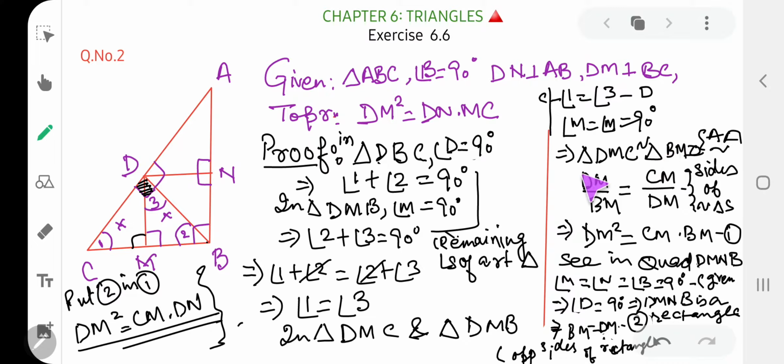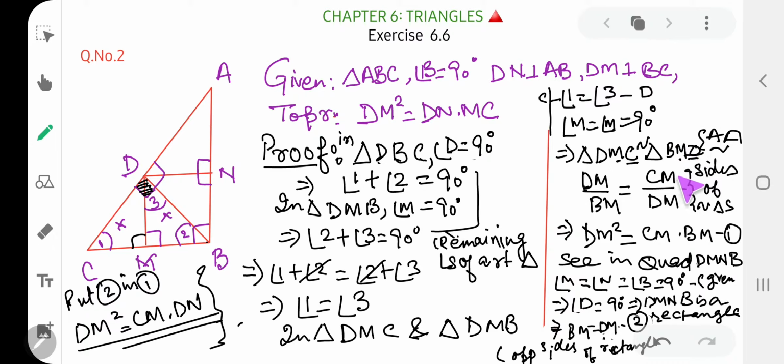If I write the name of the triangle this side, DMC, then C of this triangle is equal to D of BMD. So if C is at last, D should be at last, and M in both the triangles will take second place, as M is equal to M, and first place is left.